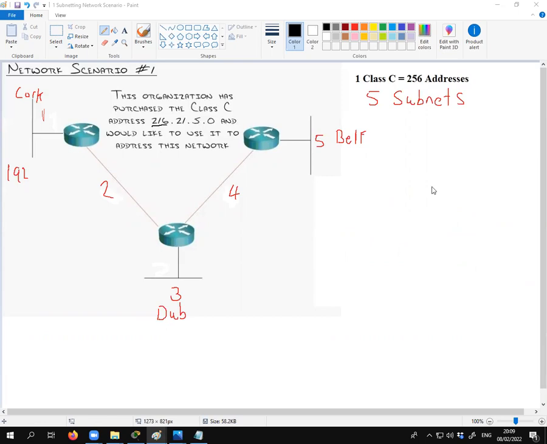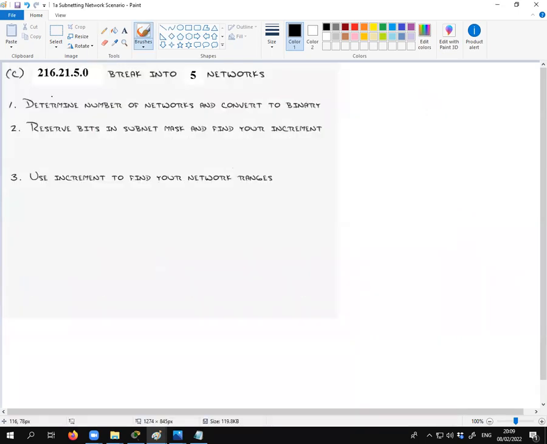So these are our steps. Step number 1, determine the number of networks, 5, and convert into binary. We need to say to ourselves, how many bits does it take to make 5? So we have that table here. Let me make it a bit bigger.